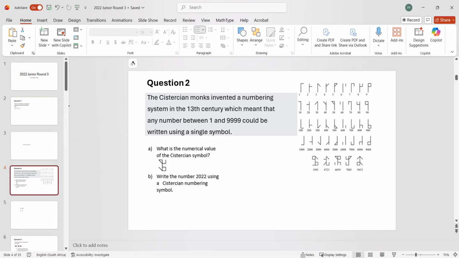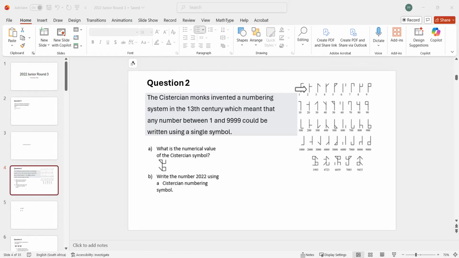Okay, so these are the numbers which are given here: 1, 2, up to 9. Right? Then 10, 20, 30, up to 90. I think that actually builds from 1 to 9. This 10 is just the one reflected vertically.